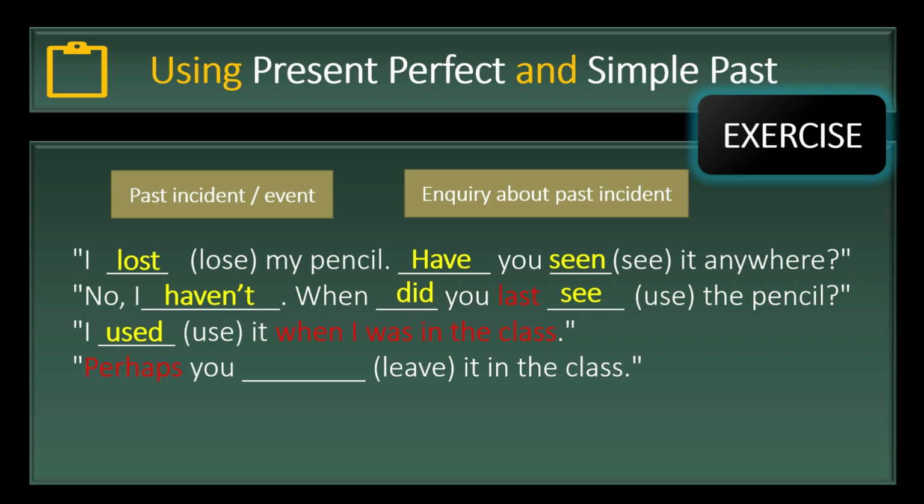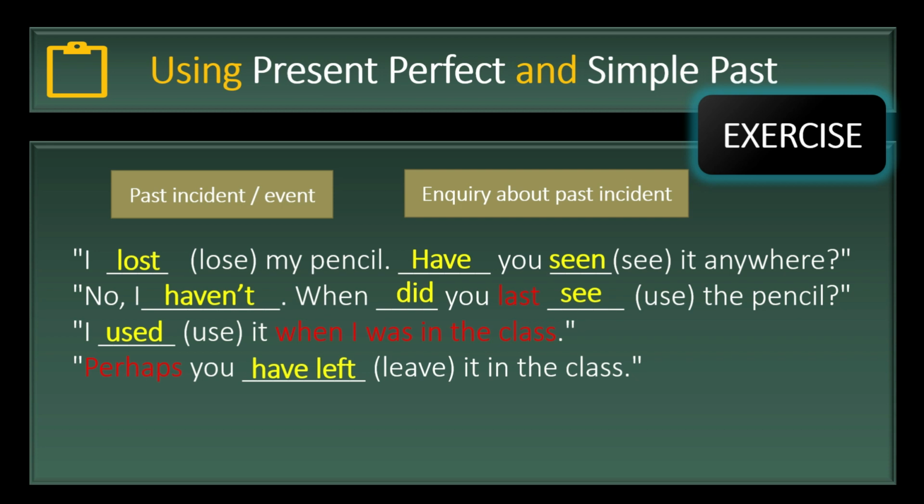But here there is no past time reference word, past adverb that talks about a past action. So we can use present perfect tense here. There's no problem. Because we are dealing with only present perfect and simple past. And simple past cannot be used because there is no time reference word. We can easily use present perfect tense here. Perhaps you have left it in the class.